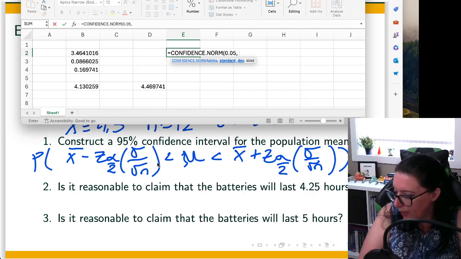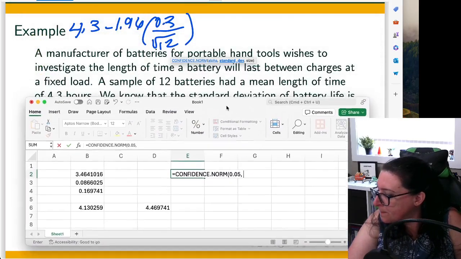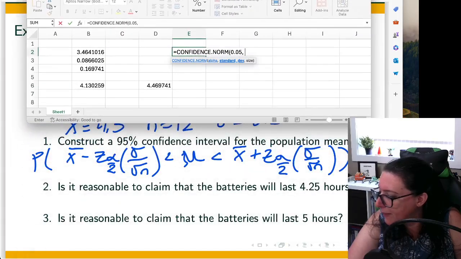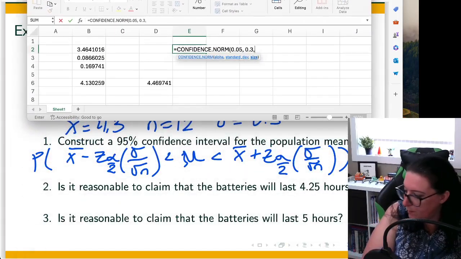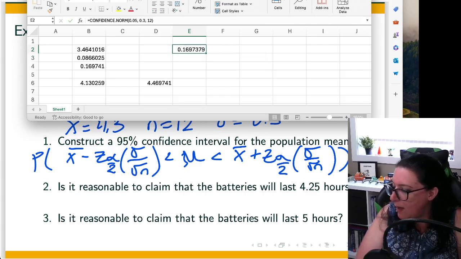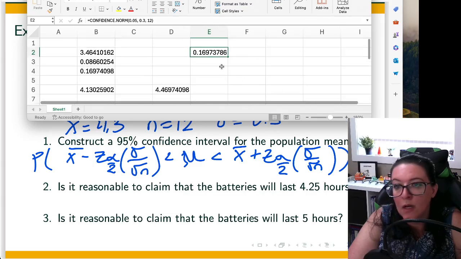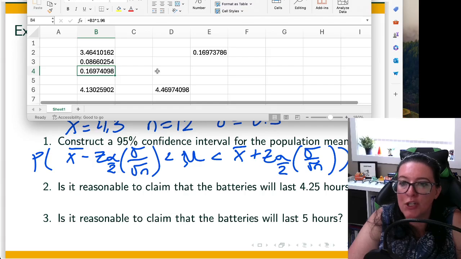Our standard deviation was, what was that number? 0.3. And our sample size was 12. Okay, so notice here this confidence.norm gives us that same margin of error.